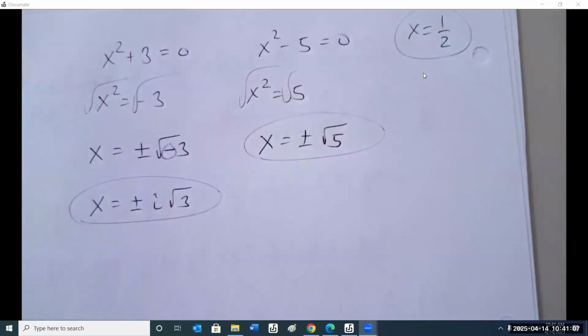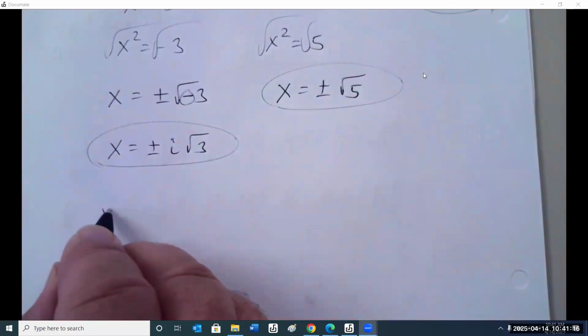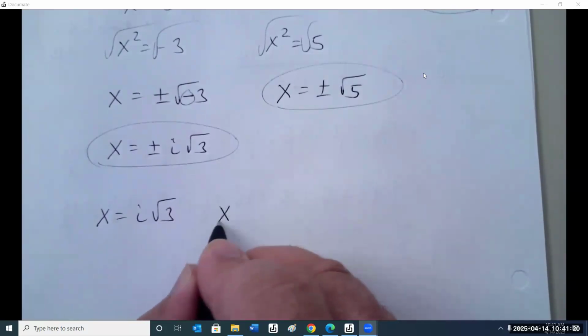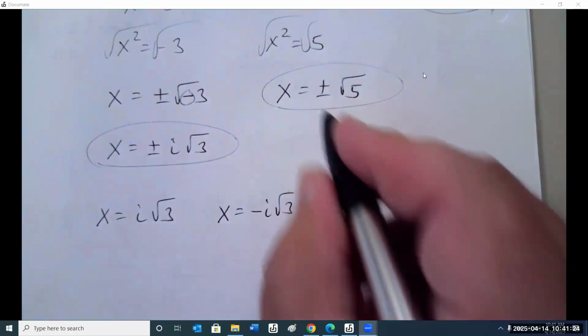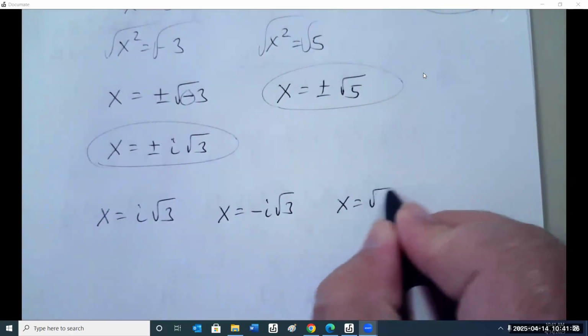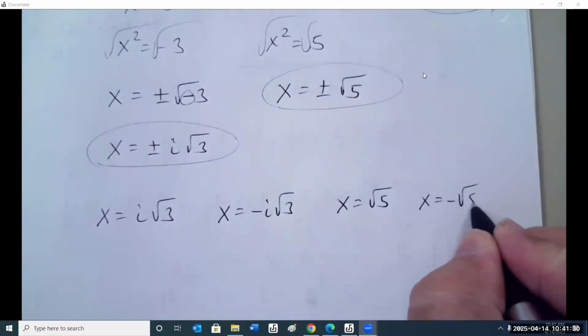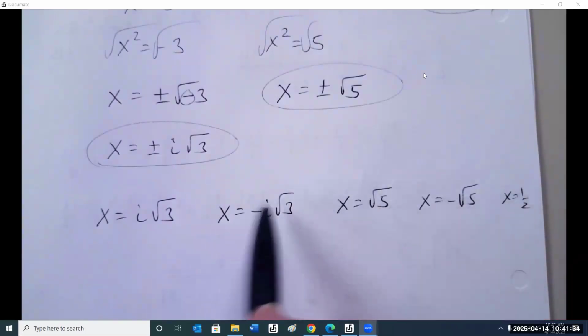So those are your 5 answers. We have x equals i radical 3, x equals negative i radical 3, x equals radical 5, x equals negative radical 5, and x equals 1/2. 1, 2, 3, 4, 5 answers.